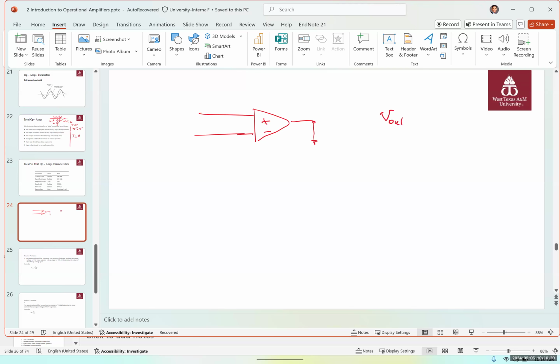V out is equal to 15 volts. Vn is equal to 250 millivolts.